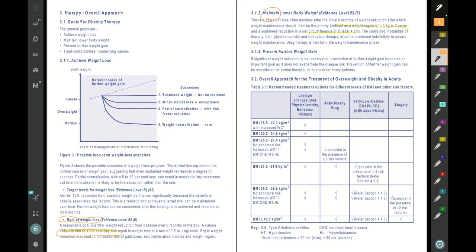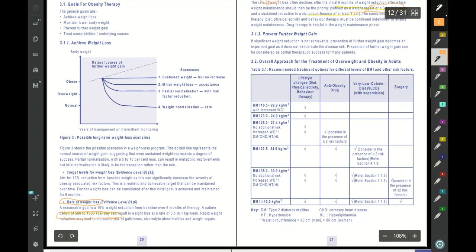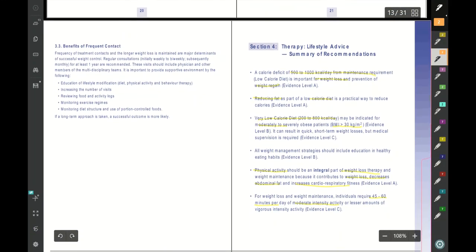What is defined as maintaining body weight is when the weight gain is only less than 3 kilograms in 2 years, and the waist circumference is 4 centimeters. Alright, this one I don't want to cover, you can read on your own.